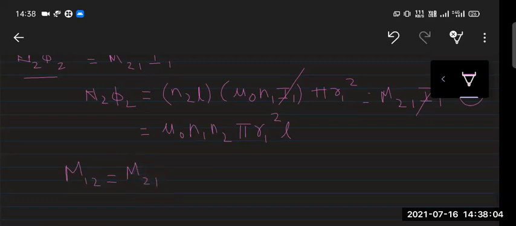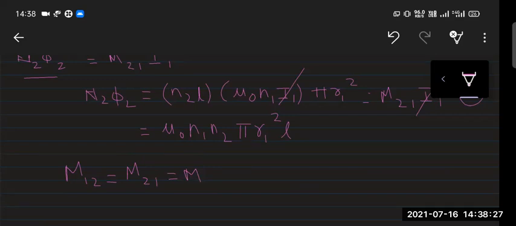This is saying that because of current flowing in the first coil, you have inductance in the second coil. It won't make any difference.